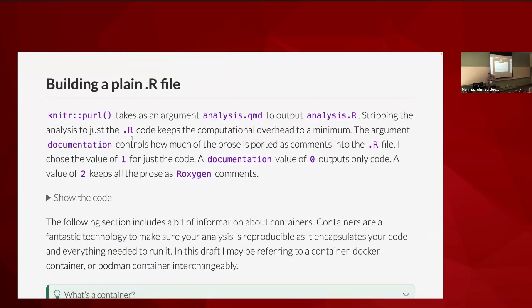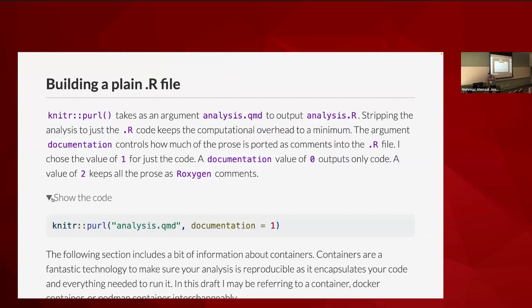And so the first part of that is to strip the code. And there is a wonderful function that I didn't know existed six months ago out of the knitr package that does exactly that. And so you can have all your great Quarto file with all your prose and all your charts, but if you want the R code, this will get it for you.